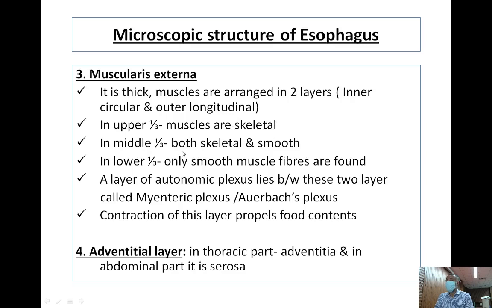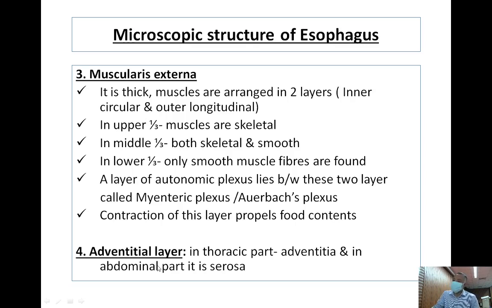In the middle one third, as skeletal and smooth are both present, there is a chance we may be able to expel the food material, but we may not be able to. That depends on which part. In the upper part of the middle one third we can, but in the lower part we cannot. In the lower one third, if unpalatable food material goes in, it is not possible because it is completely made up of smooth muscle, which is non-voluntary muscle. So we cannot control it. Clear? This is the advantage.